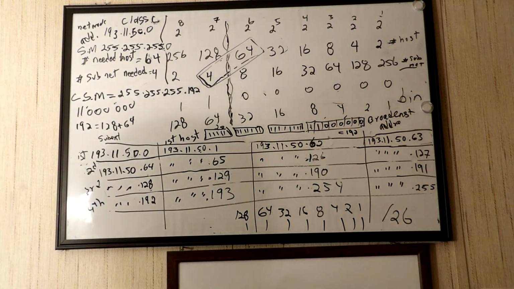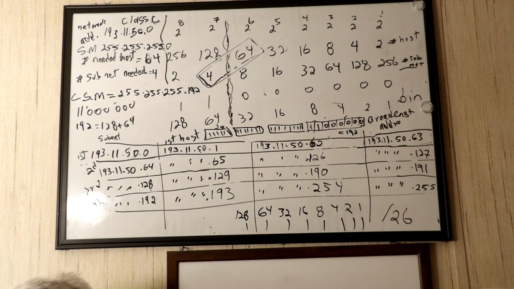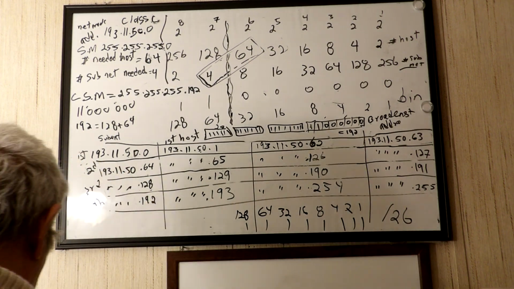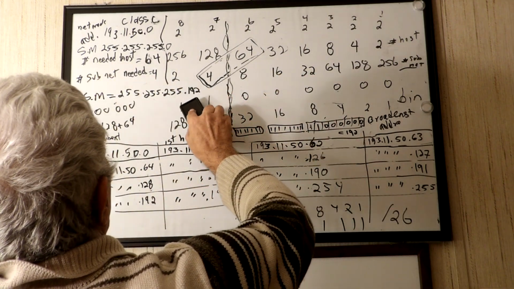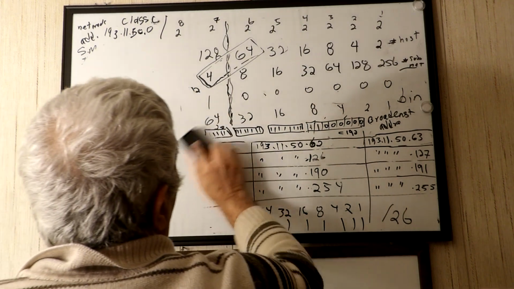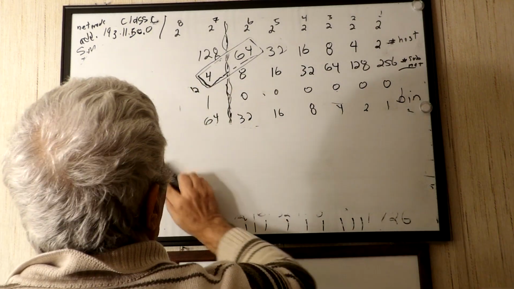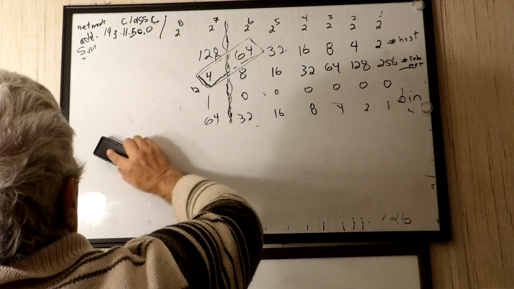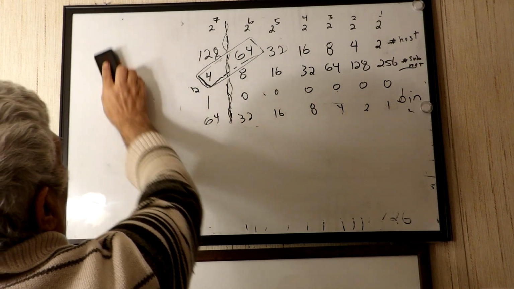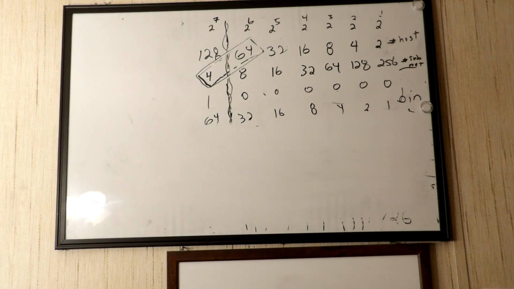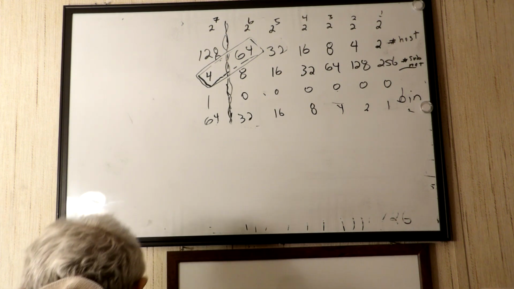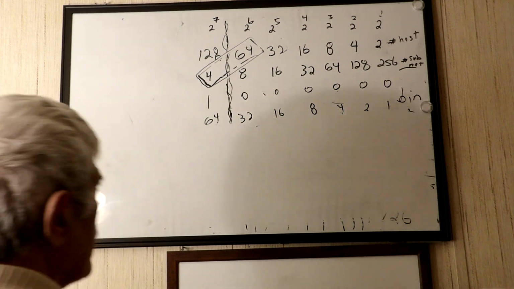So sometimes you need to have more than, like a very big company wants in every subnet they want you to have like 4,000, 2,000.